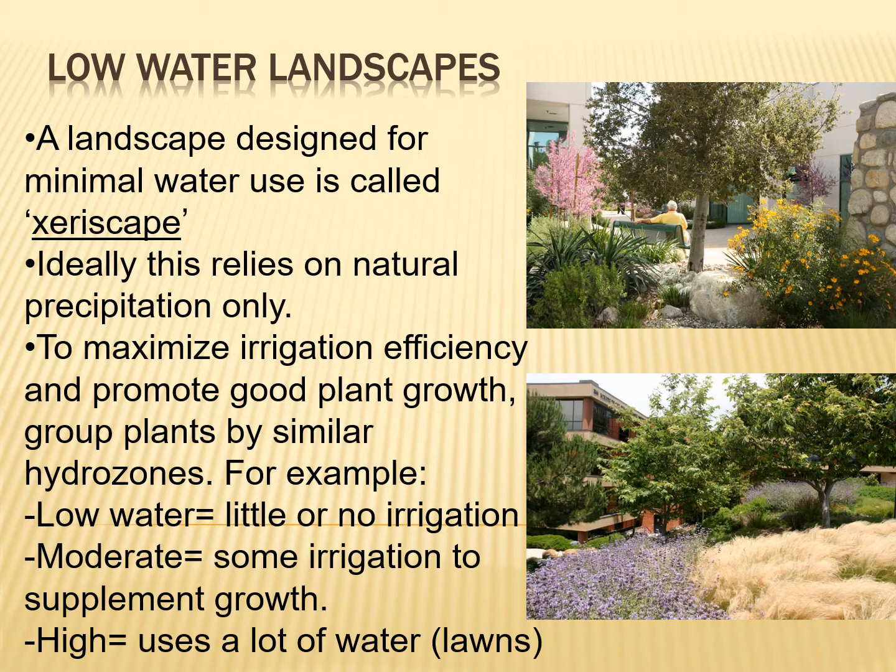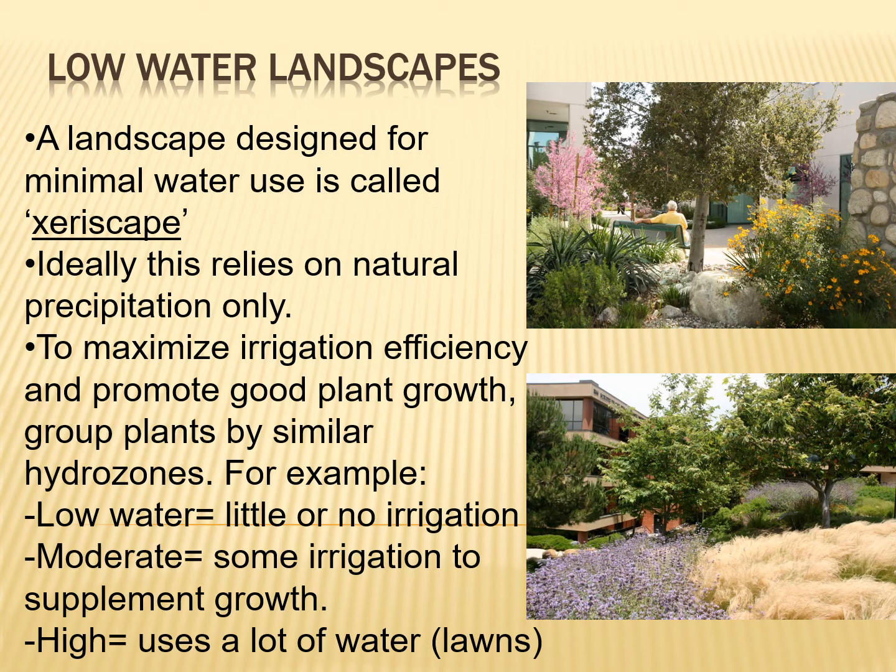Again, because we're a Mediterranean climate, we get our rain over a very short period and then have long dry periods. So a lot of that vegetation has strategies for adaptation, and they go drought deciduous and they don't look so good. So we also want to maximize our irrigation efficiency and promote good plant growth.